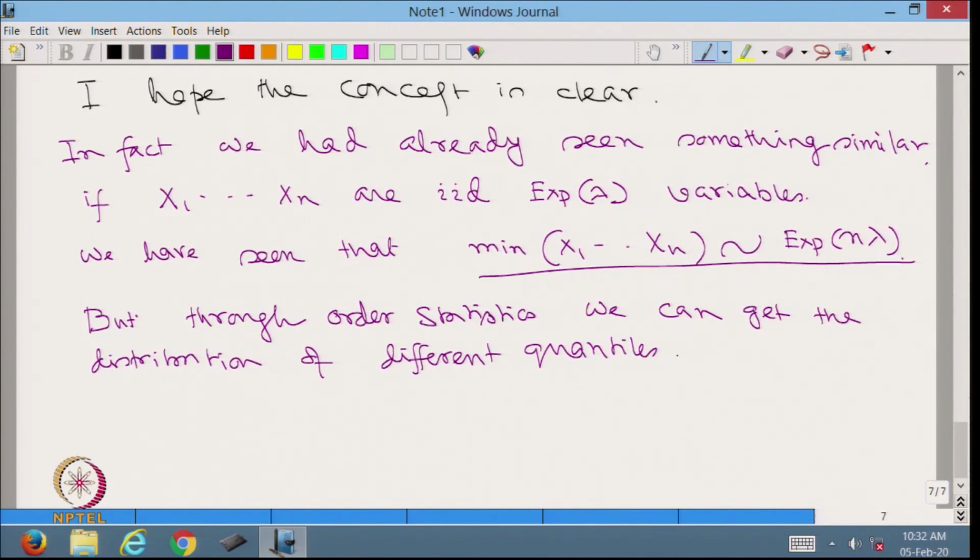By quantile we mean it can be quartiles, percentiles, etc.